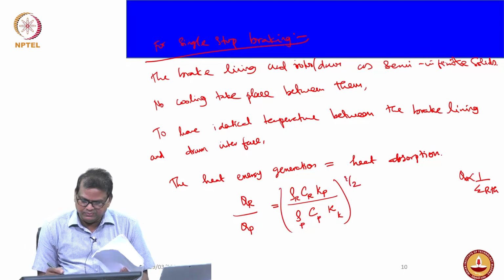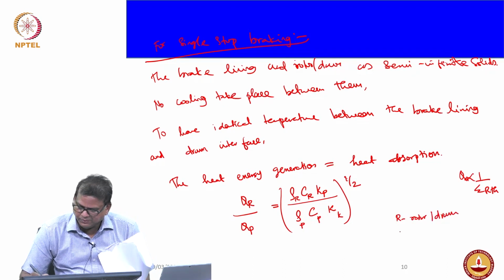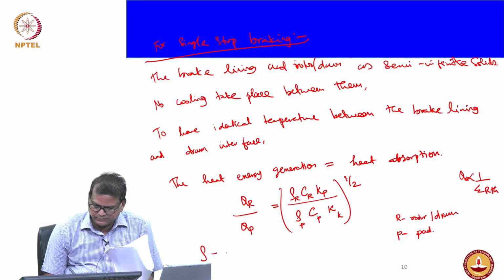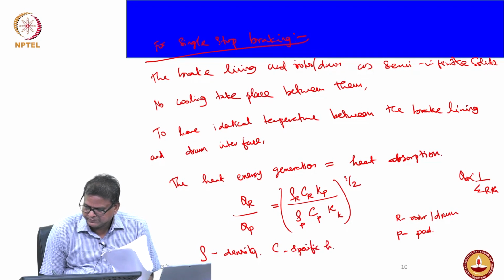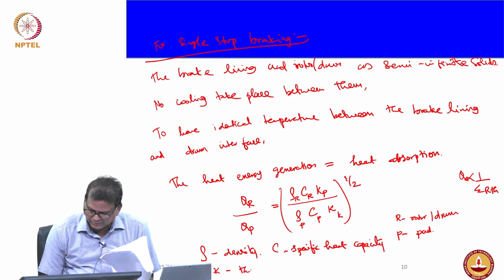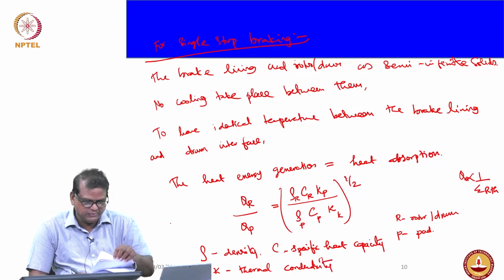Just to give you the information, the suffix R indicates the rotor or drum, whereas suffix P indicates the pad, where rho is the density, C is the specific heat capacity, and K is the thermal conductivity of the material.